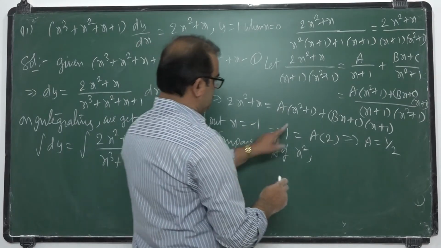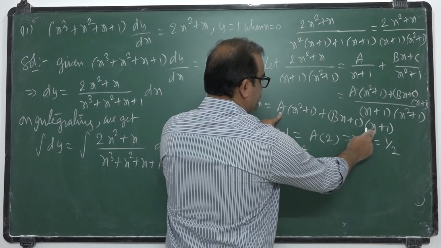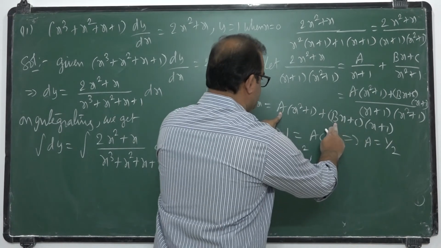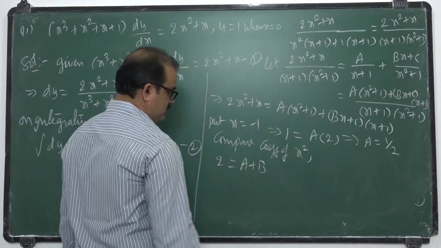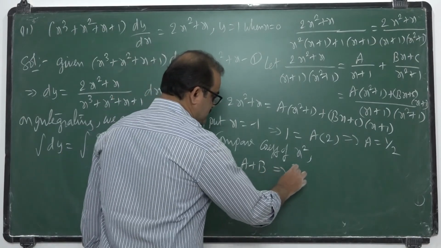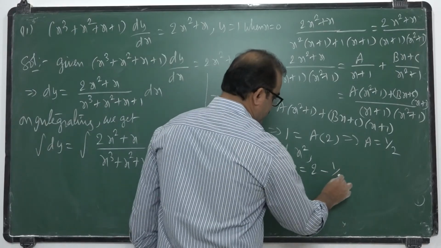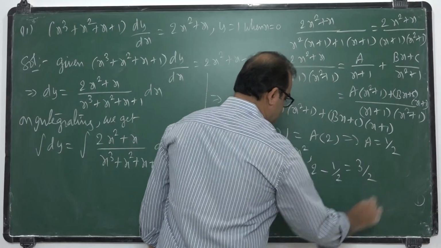In RHS, the x square coefficient is A, and in this product Bx into x, Bx square, the coefficient of x square is B. So A plus B is equal to 2. Already A value is 1 by 2. From this B is equal to 2 minus A, which is 1 by 2. 2 into 2, 4 minus 1, B is 3 by 2.